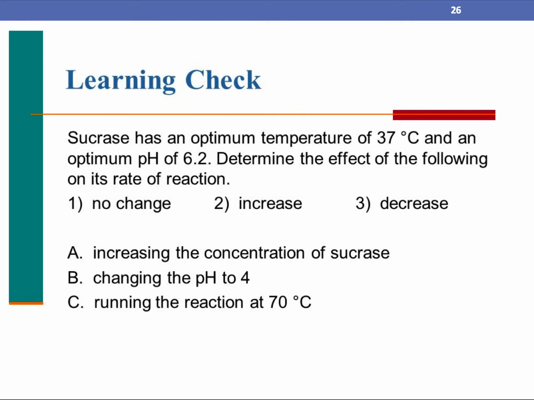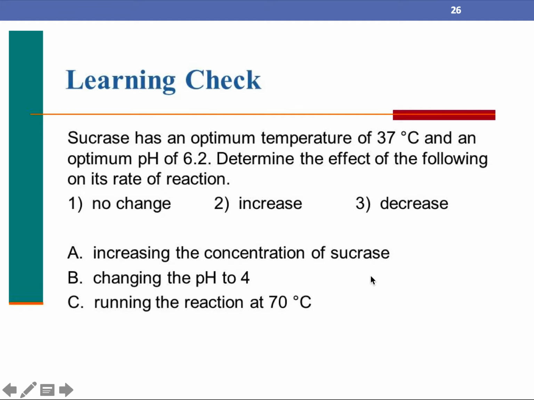And then if you change the pH to 4, so it's at 6.2, which is closer to neutral, and then you bring it to 4, which is more acidic, relatively speaking, what happens to the rate of reaction? Because you've changed the pH, there will be a decrease in the rate of reaction.